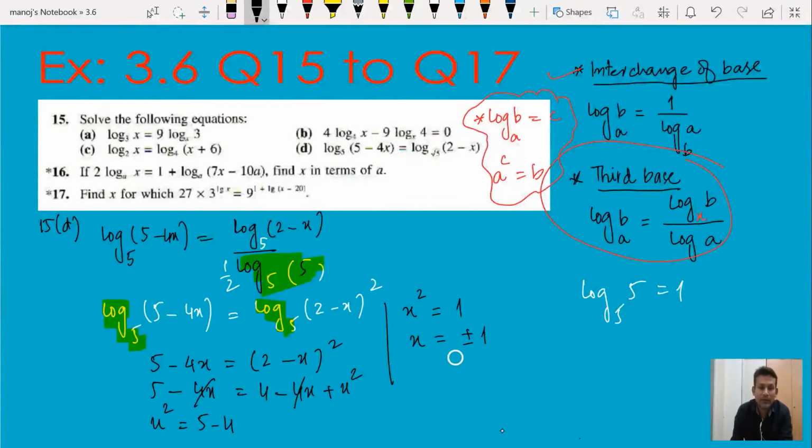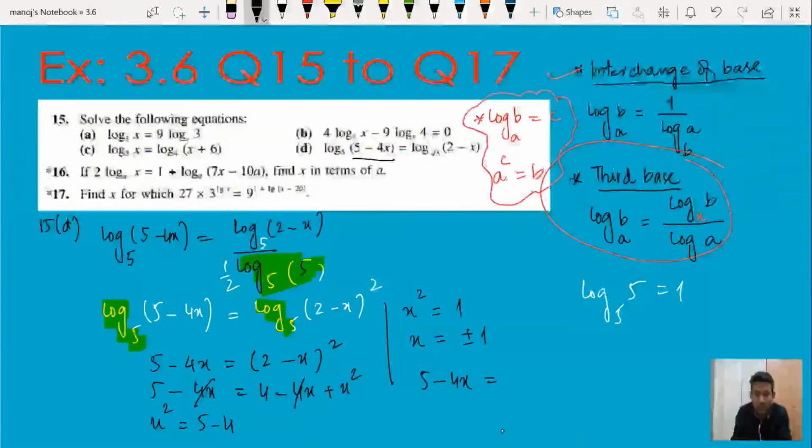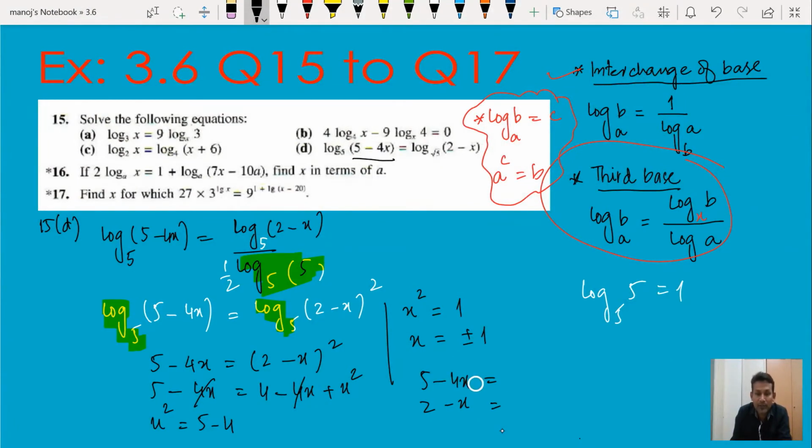So now after this, you have to check: do we have both the answers, plus 1 and minus 1, or just one answer? Here, when you consider 5 minus 4x, this should not be negative, and this 2 minus x also should not be negative. So when you write plus 1, 4 times 1 is 4, and it is coming positive. 1 is possible.